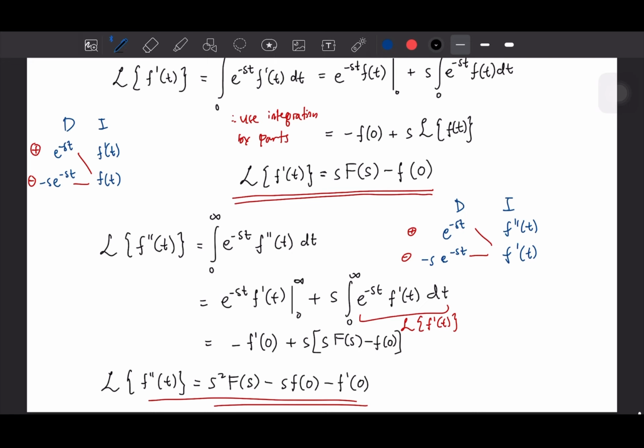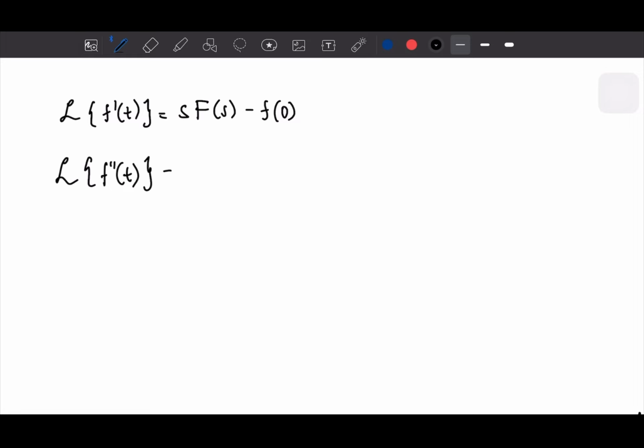Let me write on a new page. Okay, as a conclusion: if we take the Laplace of f prime(t), this equals s F(s) minus f(0), right? If we take the Laplace of f double prime(t), we get s squared F(s) minus s f(0) minus f prime(0).